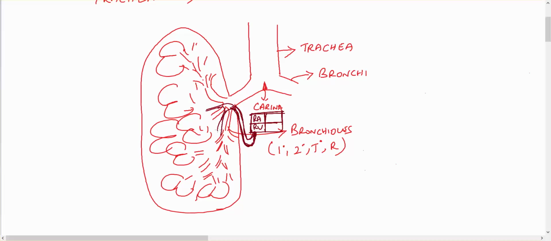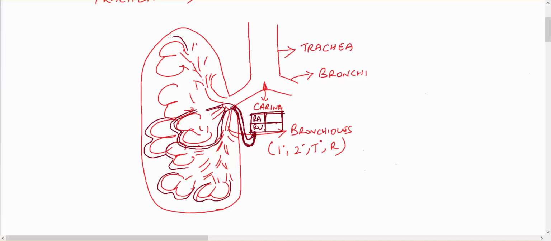They become small arterioles and then capillaries, and the capillaries surround all the alveoli.